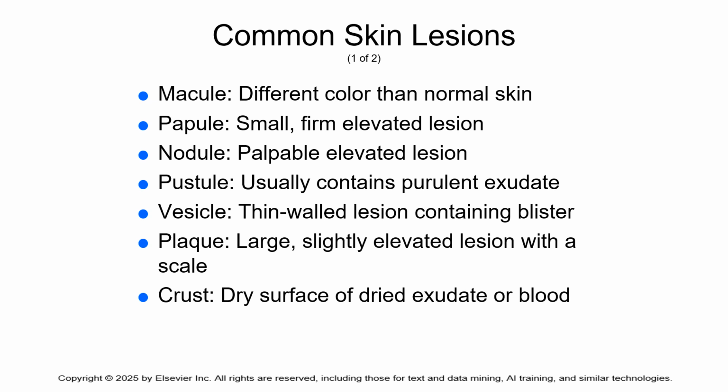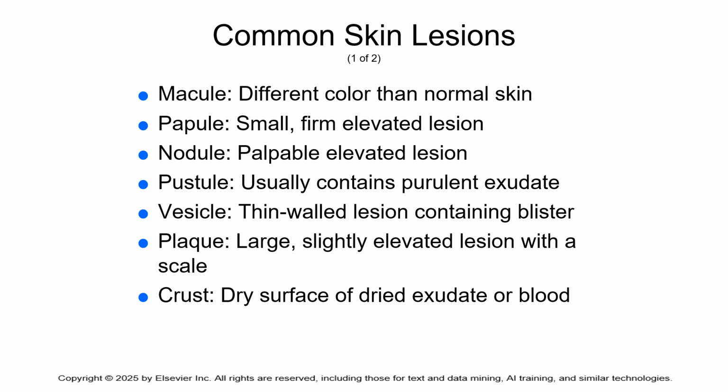So within those types of skin lesions, we have a macule, which is just a different color on the skin than a normal color. So if you have little areas that are little dark spots, that might be a macule. A papule is a small, firm, elevated lesion. The difference is they're a little bit raised. A nodule is again one you can feel, and it is also elevated.